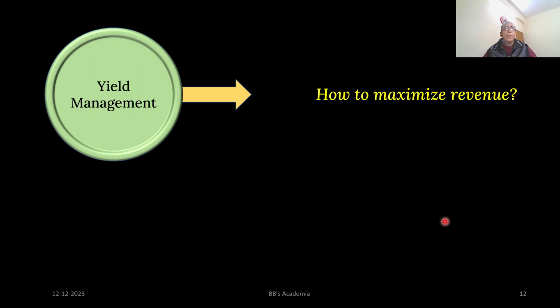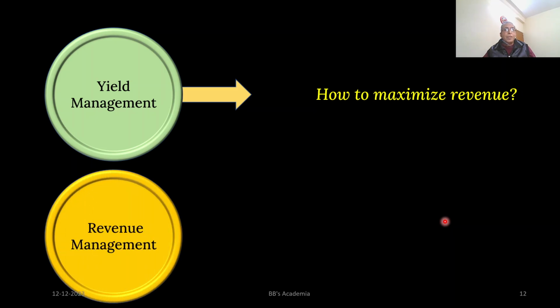While doing this yield management, another concept came to the experts' minds, that is revenue management. And now the question is how yield management is different from revenue management. In yield management, we have never discussed the word cost.